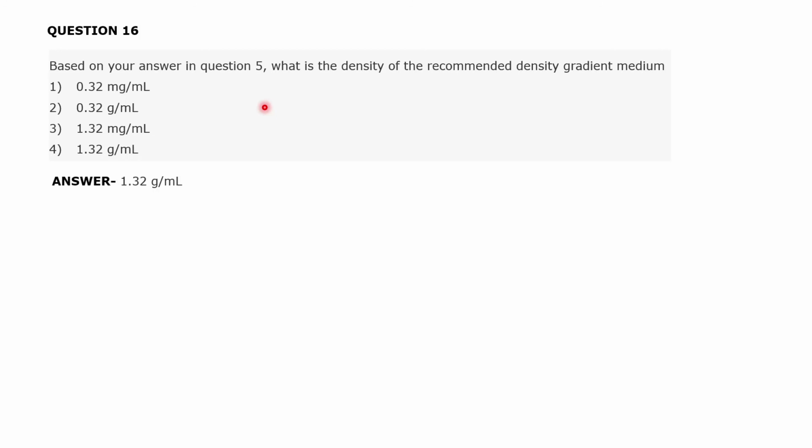Based on your answer in question number 5, what is the density of a recommended density gradient medium here? It is option number 4, that is 1.32 gram per ml.